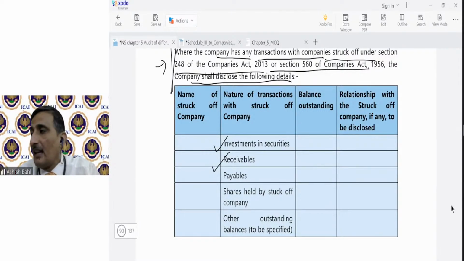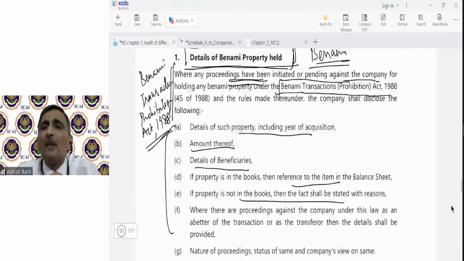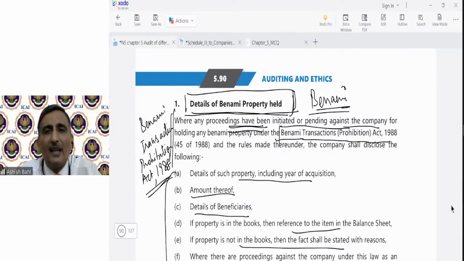Yes, Partha Sarthi, you are saying abettor in Benami transaction means the person who is promoting that transaction, who is abetting that transaction. So you need not go into the details of this Act because this Act is not in your syllabus.